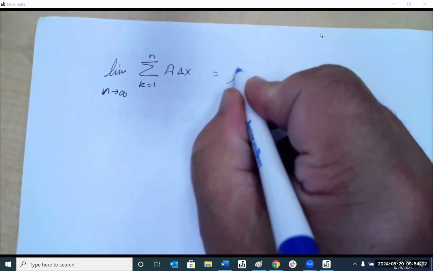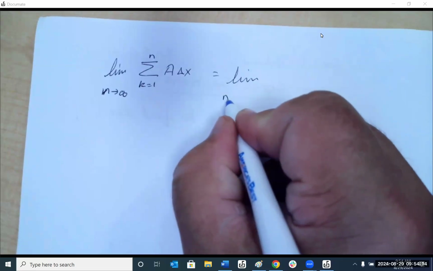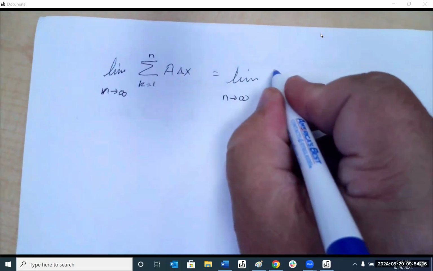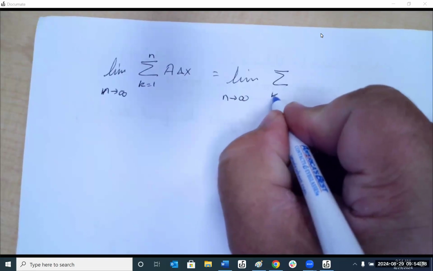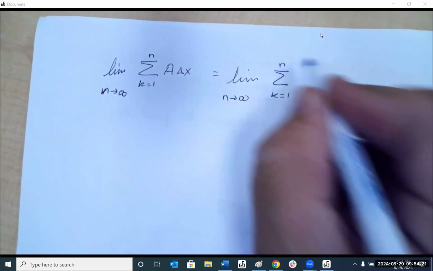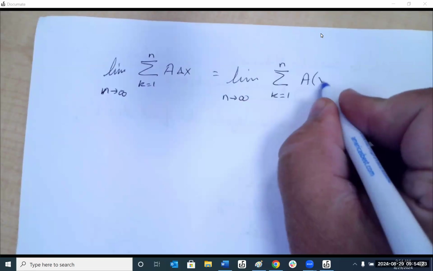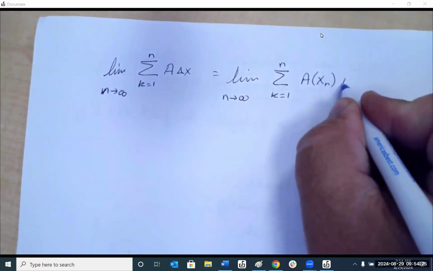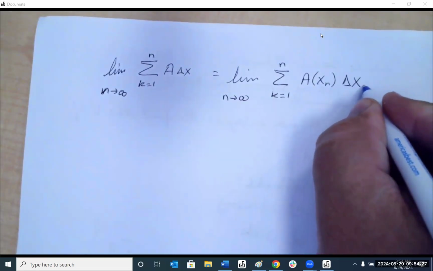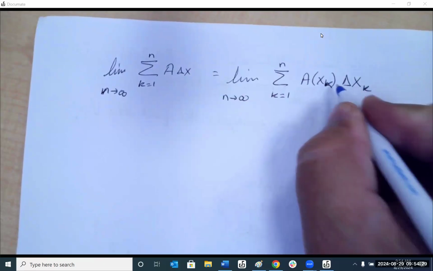Where A, the area, is a function of x. Okay.